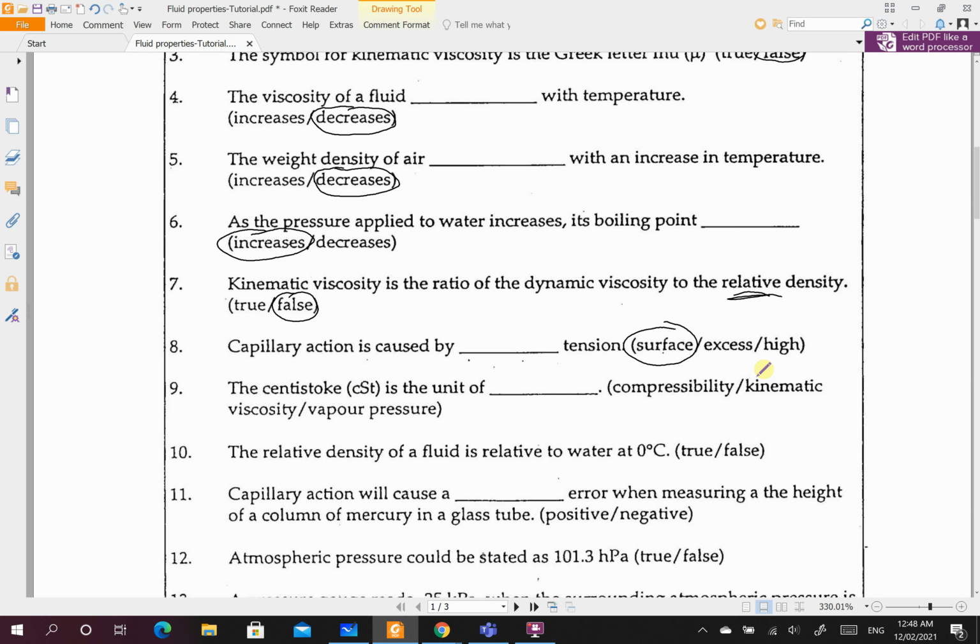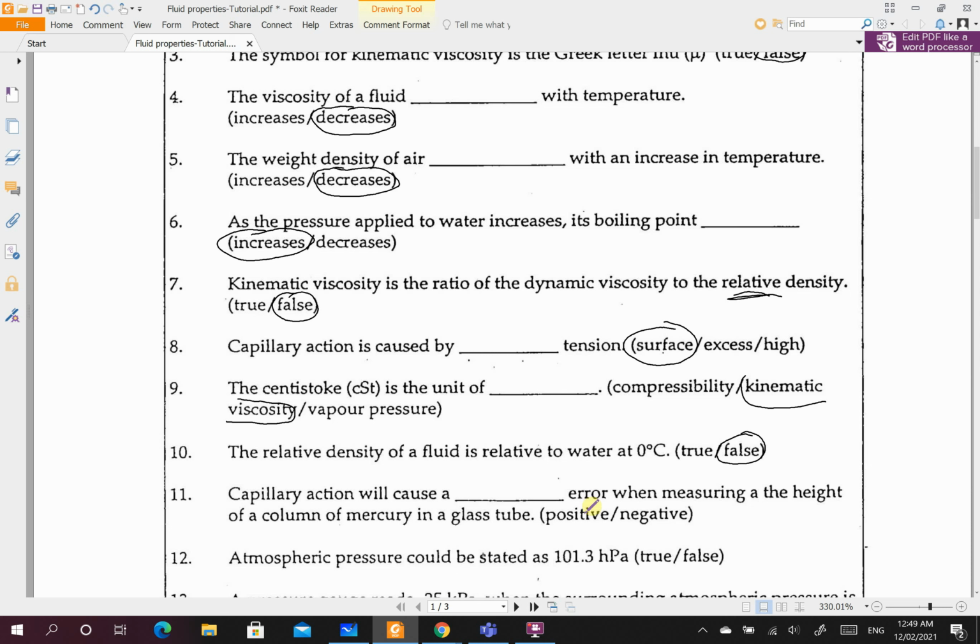Alright, it is kinematic viscosity. The relative density of a fluid is relative to the water at 0 degrees. So this is actually false. Alright, it's at 4 degrees, but it's close enough. Alright, this is just one of those wordy questions to look out for.